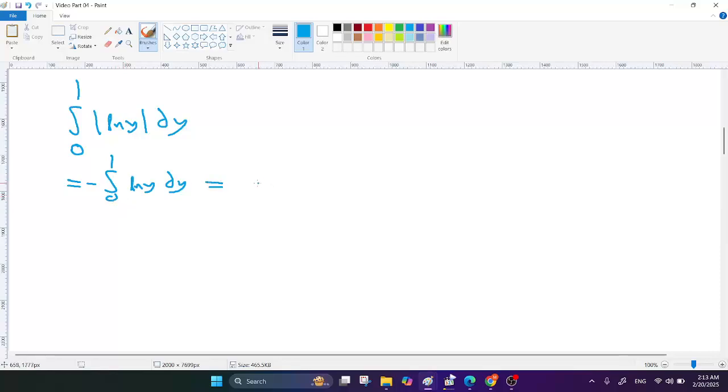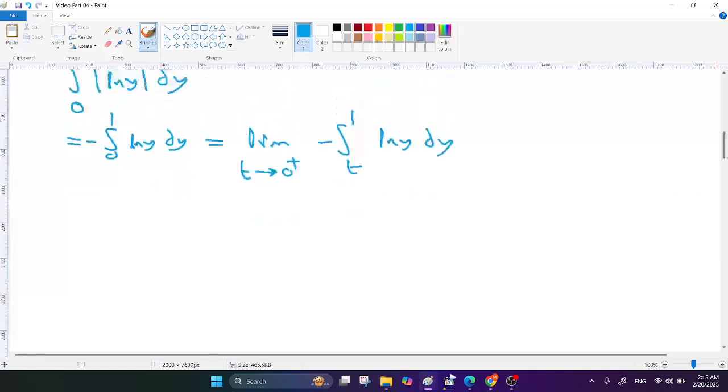So this one here equals limit as t approaches 0 from right of integral t to 1 minus integral, because we have minus sign, ln y dy. Now we will use integration by parts. So u equals ln y, dv equals dy, v equals y, du equals dy over y.